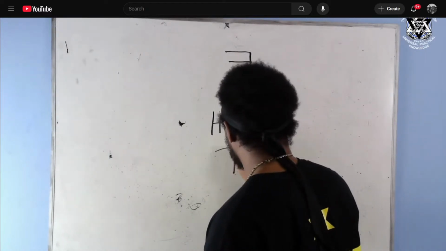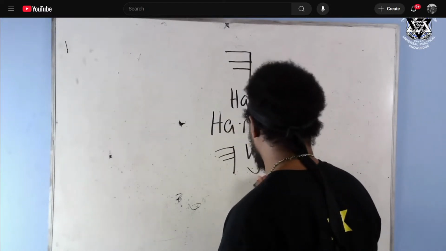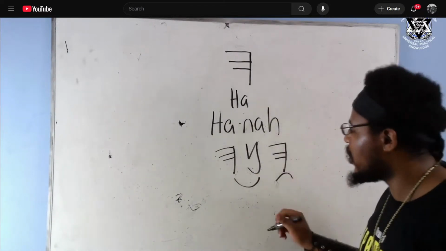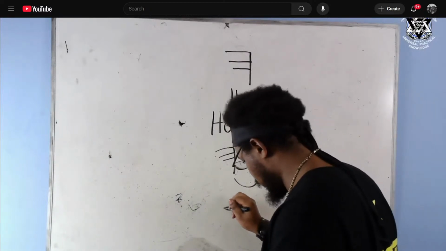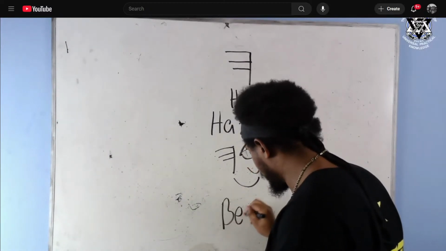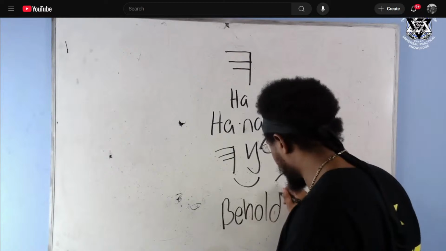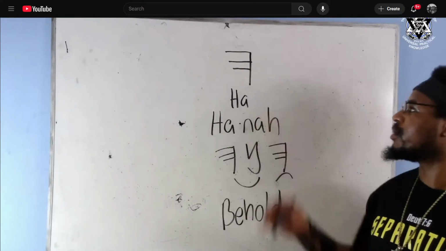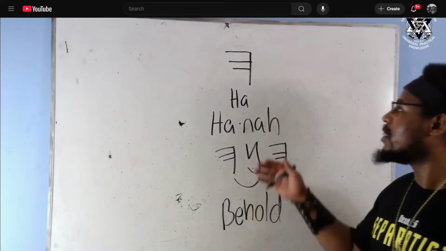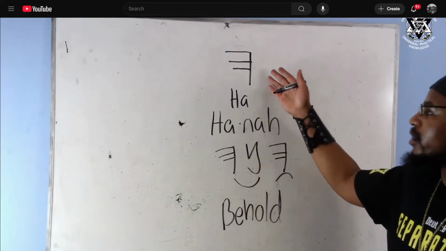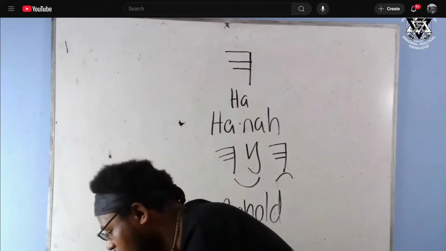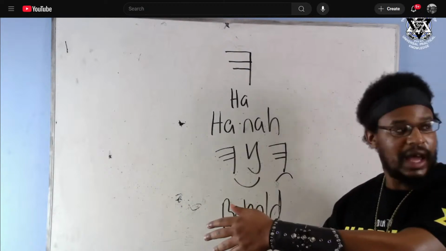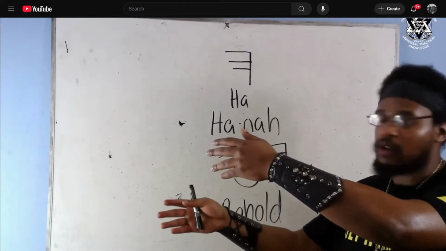Hana. And it means behold. So it means behold, and it comes with the picture of it, stems from a person doing this, being like behold, having this motion, behold.